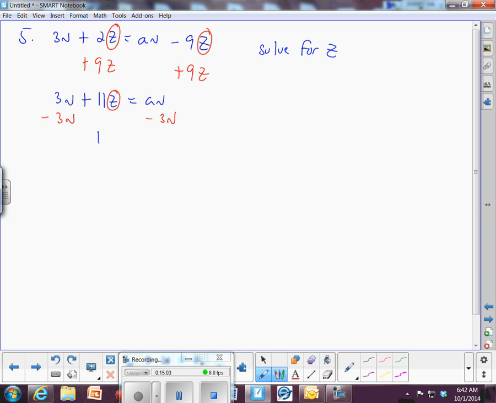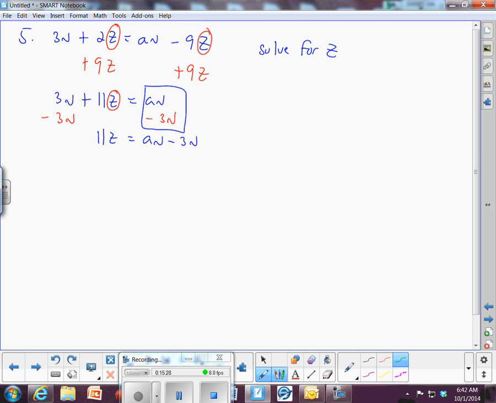Okay, my left side ends up with 11z equals. Now, these look like terms. There's an a of the n's and a negative 3 of the n's. The only problem is you can't add an a and a negative 3. So this is going to have to stay an minus 3n. There's nothing else you can do with that besides factor it, and we don't want to do that. So again, we're isolating our z.